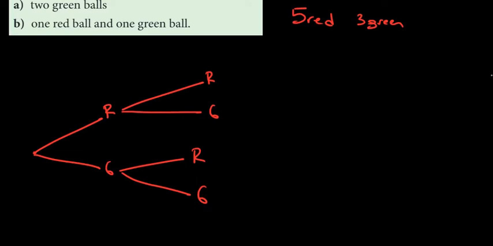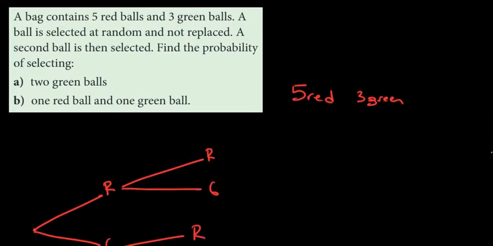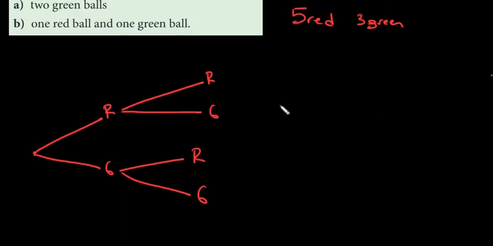Okay then. Now, what is the probability of getting a red ball in the first try? 5 over the number of all balls, which is 8. 5 over 8. What is the probability of getting a green ball in the first try? 3 over 8. Let's say that we got a green ball in the first try.